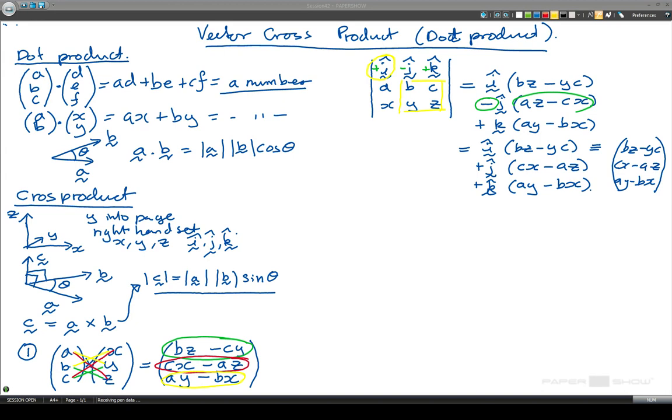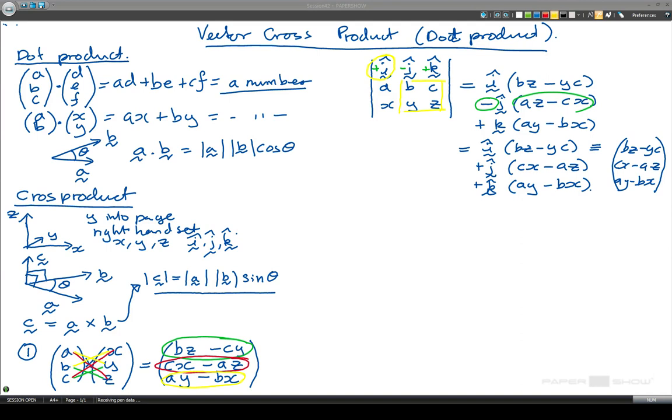And then with the j hat, we calculate a determinant of a, x, c, and z, but the minus sign comes into play, and so forth. So that's another way of remembering how to do the cross product.